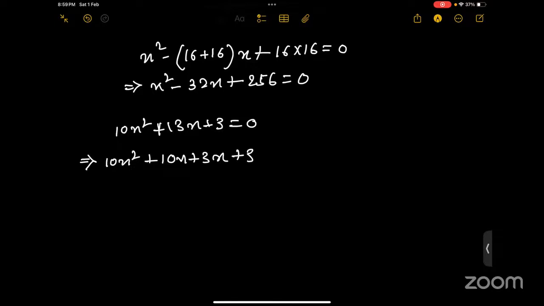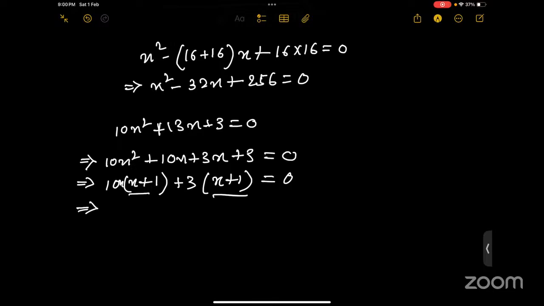Then we can take x common from the first two terms, so we will get x into 10x plus 1, plus 3 common, so we will get x plus 1. Then again we can take x plus 1 common: x plus 1 into 10x plus 3, right?